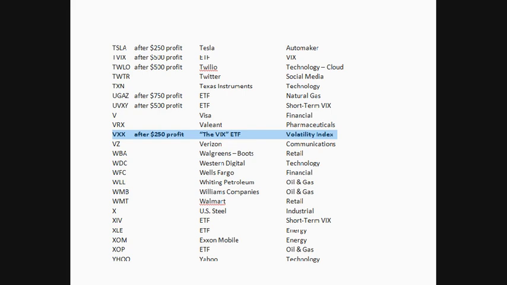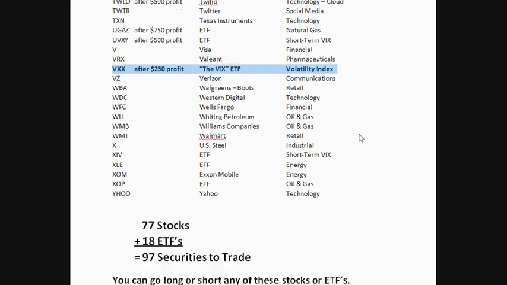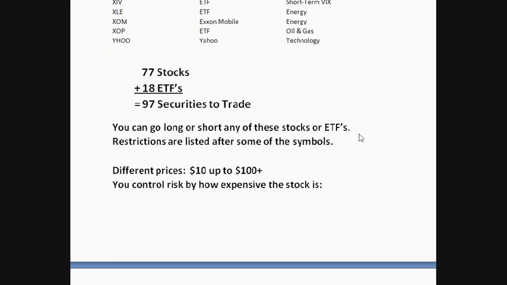Whereas when the market drops, especially if it drops sharply, the volatility index is going to shoot up, because stocks tend to drop a lot faster than they climb. Okay, so just be aware of that. The VIX is going to move in the opposite direction of the rest of the market a lot of the time.